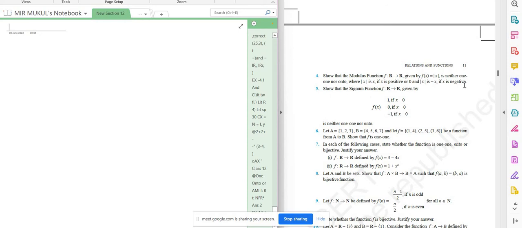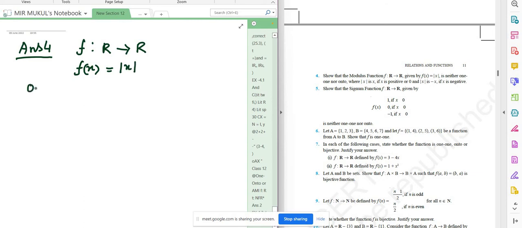Okay, so answer 4. Here f from R to R. This is very important because from here we can understand what is the domain and what is the codomain. And defined as f(x) equals mod of x. First we'll check whether it is one-one or not.